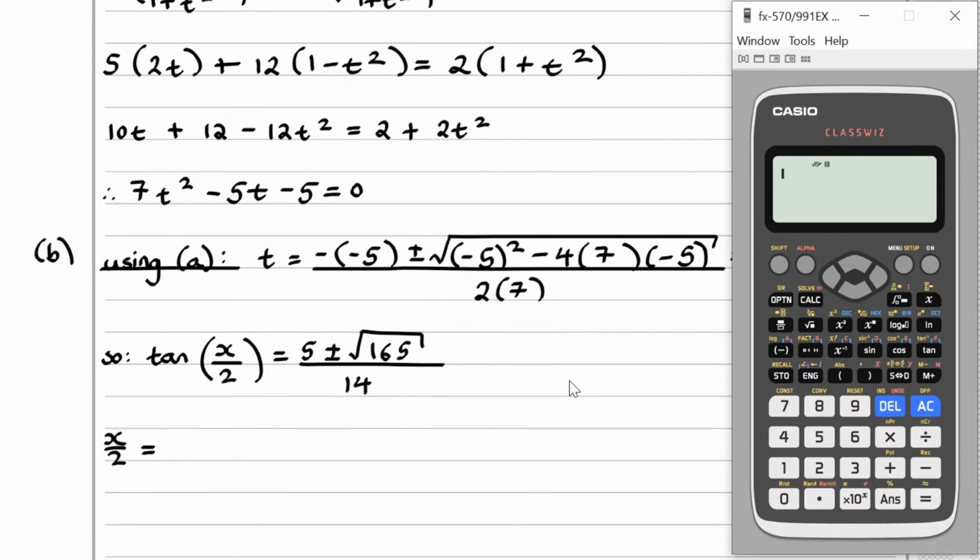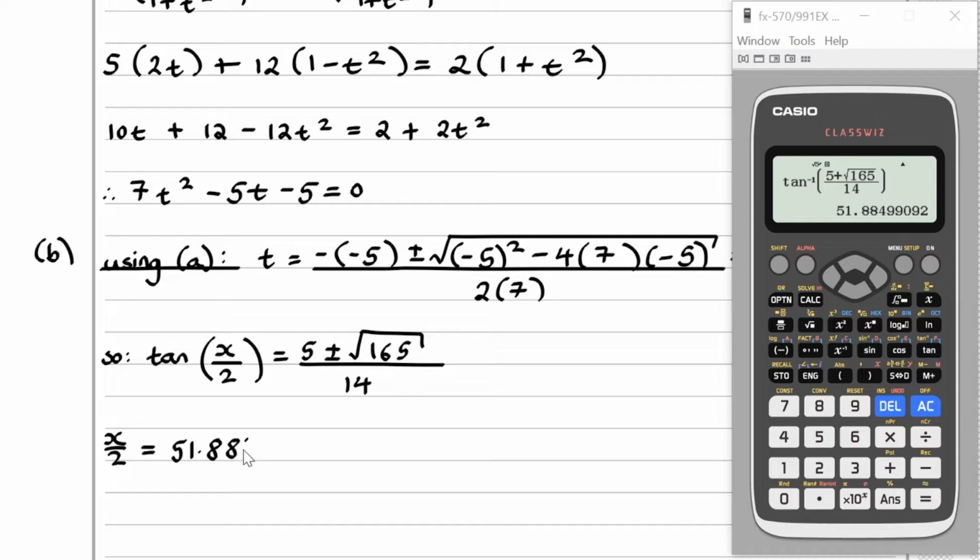And let's concentrate on 5 plus root 165 over 14. So we have the inverse tangent of 5 plus the square root of 165 over 14. You'd find this result to be 51.884.